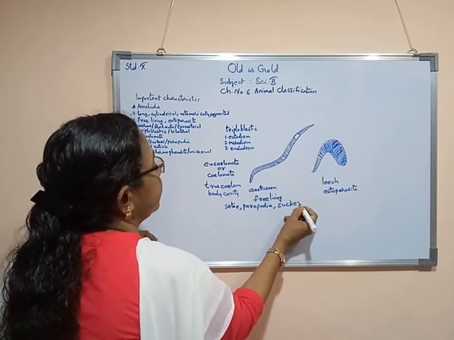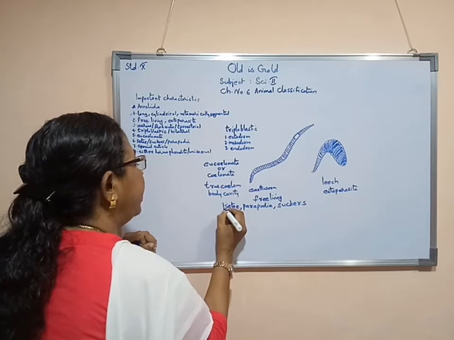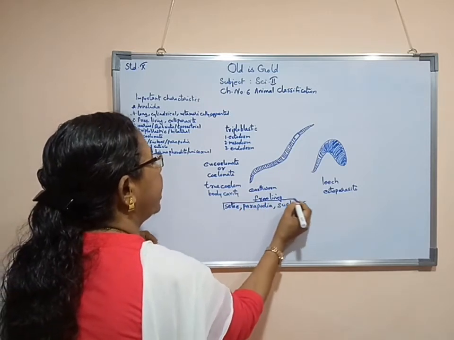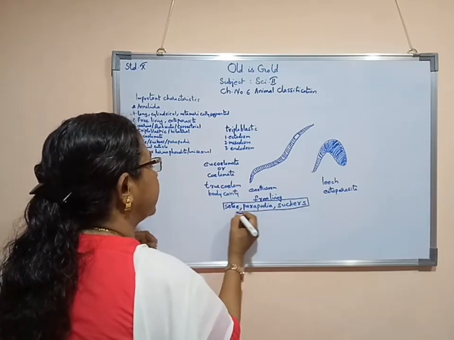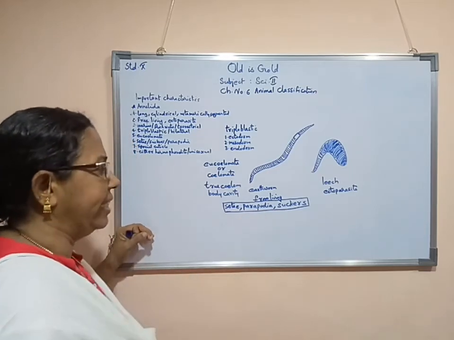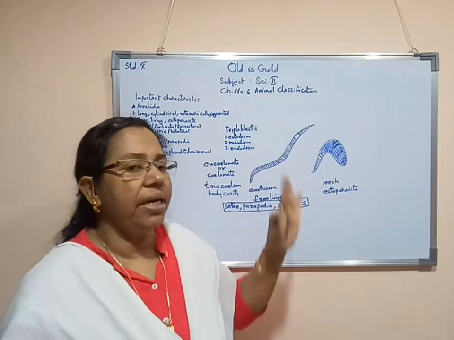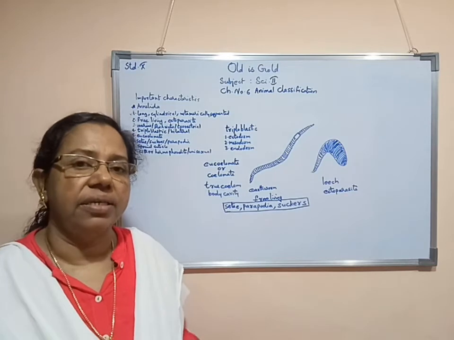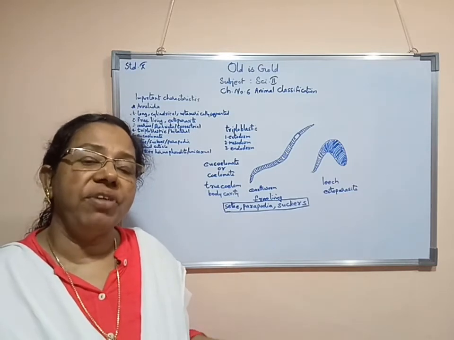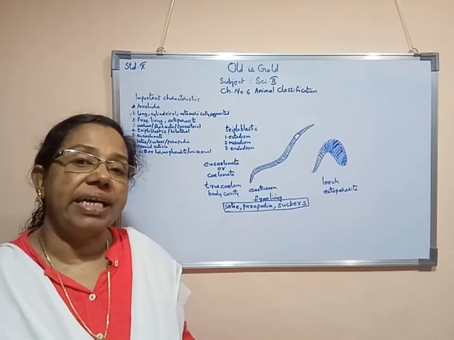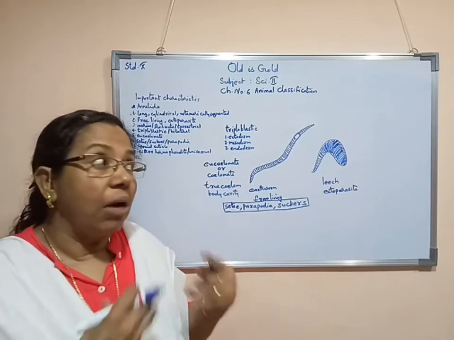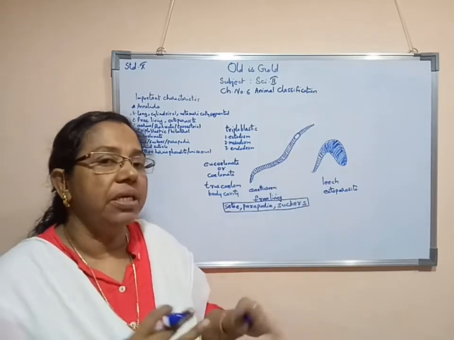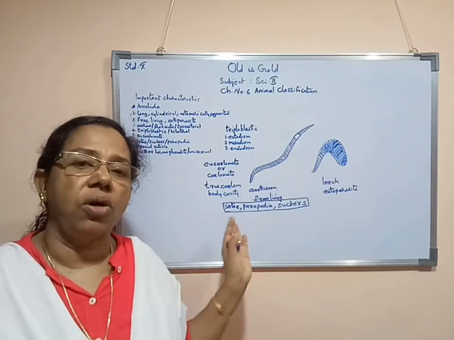So different organisms have different locomotory organs. They may have setae, or suckers, or parapodia. Outside of their body nothing is visible, but inside their body such locomotory organs are present.